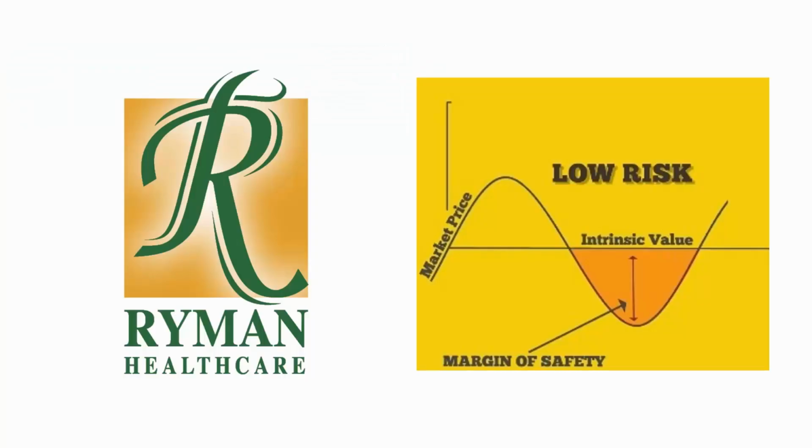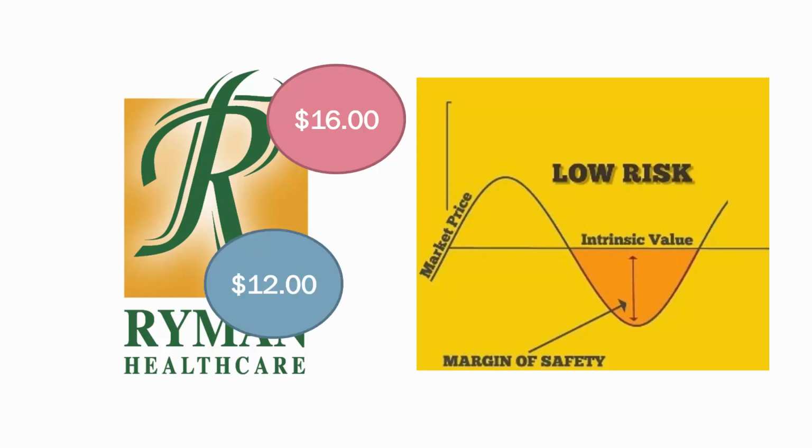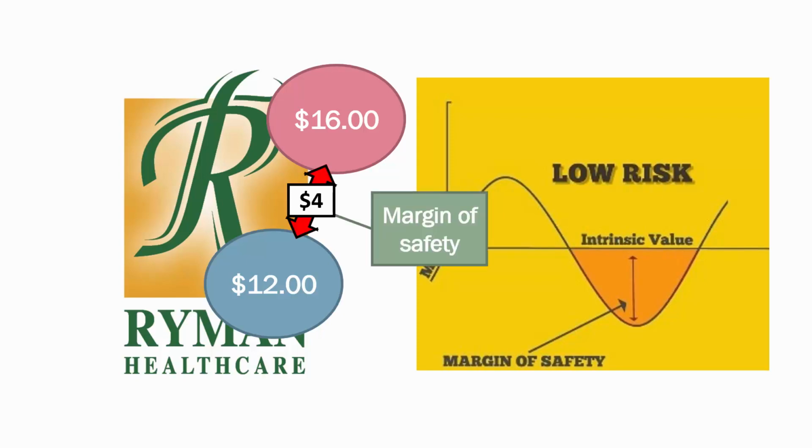For example, suppose I arrive at a valuation for Ryman Healthcare of about $16 per share. If I was able to purchase shares in Ryman Healthcare at $12, I would have a significant margin of safety and a degree of protection if my forecasts of Ryman Healthcare's abnormal operating income or cash flows that underpin my $16 per share valuation proved to be optimistic.